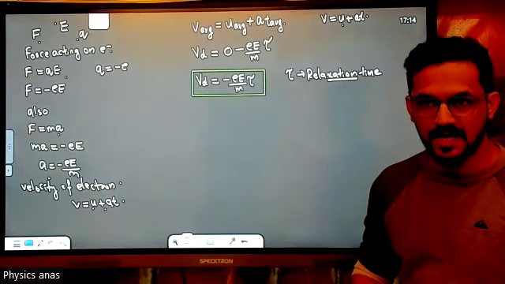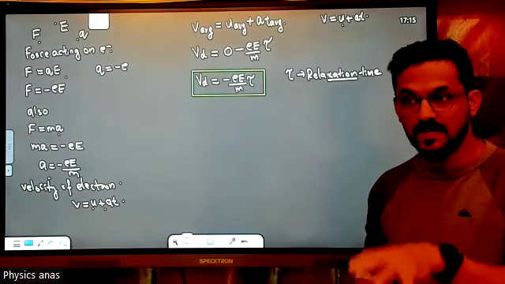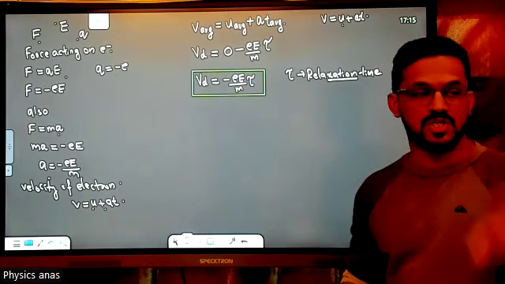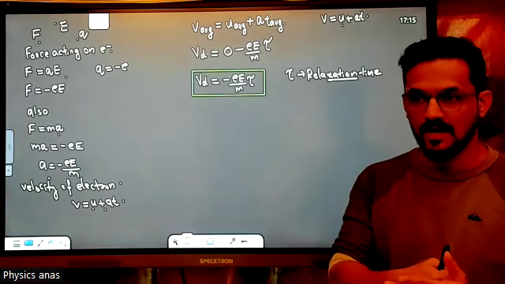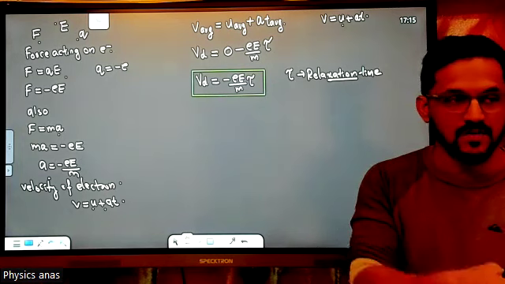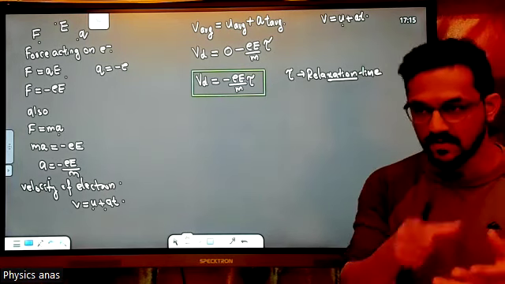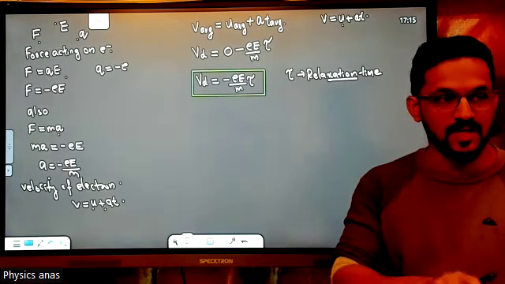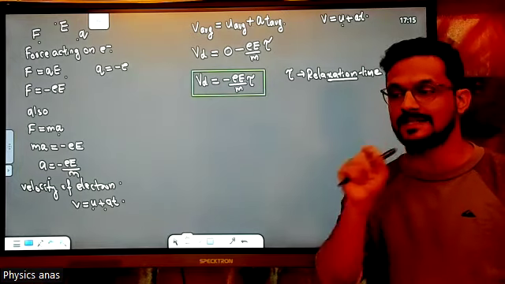So what is relaxation time? Average time interval between two successive collisions, one collision after the other. So the time interval between two successive collisions is called the relaxation time.